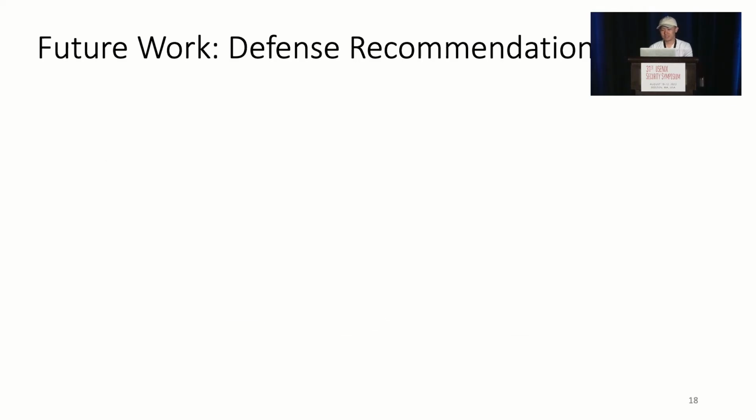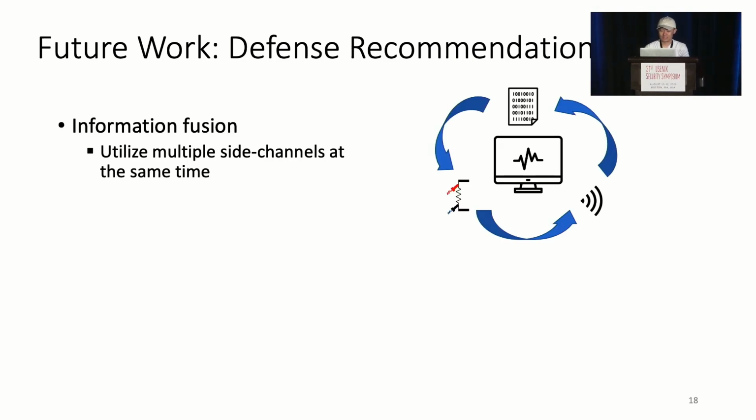For future work, we recommend the following ways for defense. First, the defender could potentially benefit from fusing the information from various side channels, for example, power, EM, and software side channels at the same time.